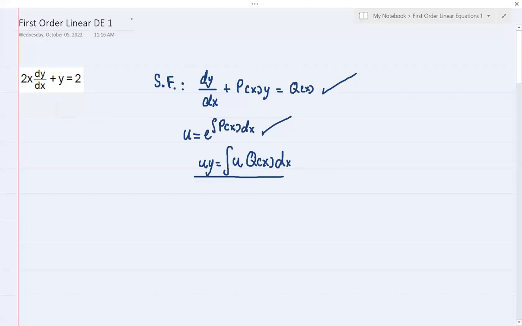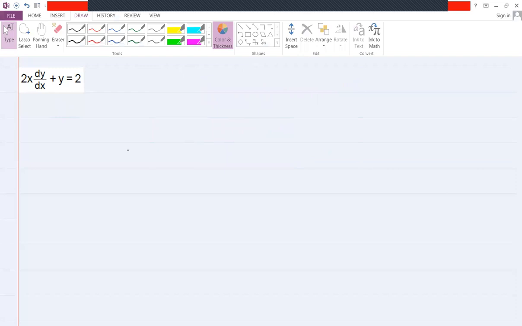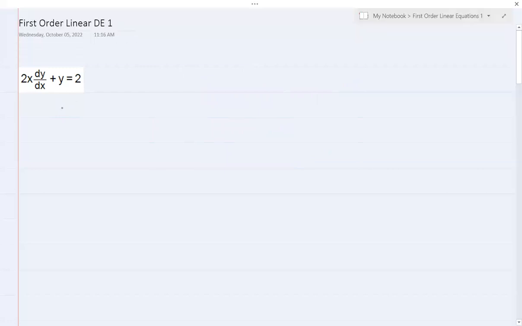Let's erase everything here and copy first the given. We have 2x dy all over dx plus y is equal to 2.